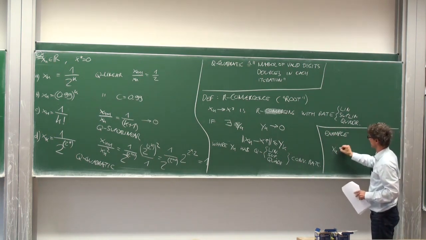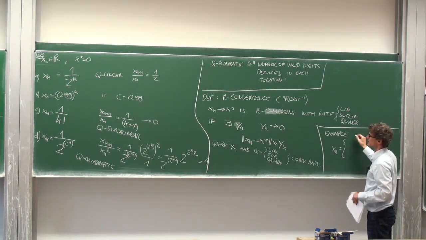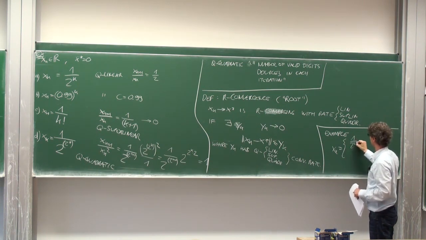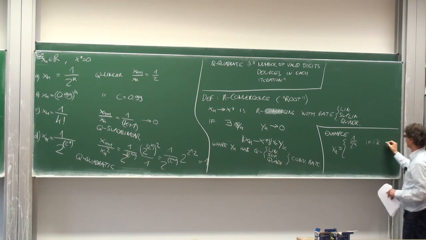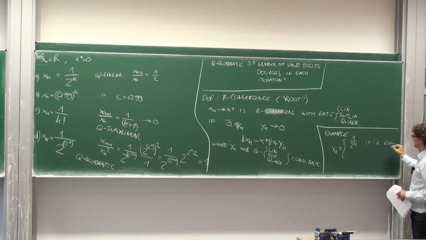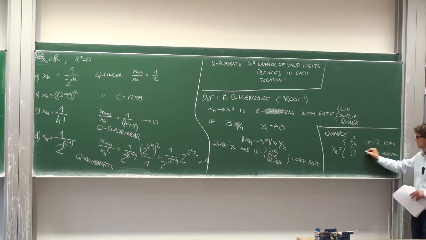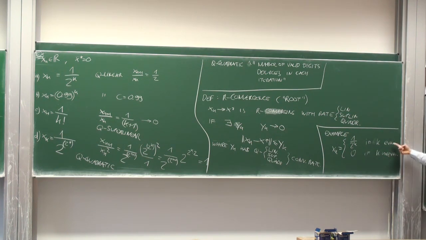So I could take, for example, 1 over 2 to the k if k is even, and 0 if k is odd.